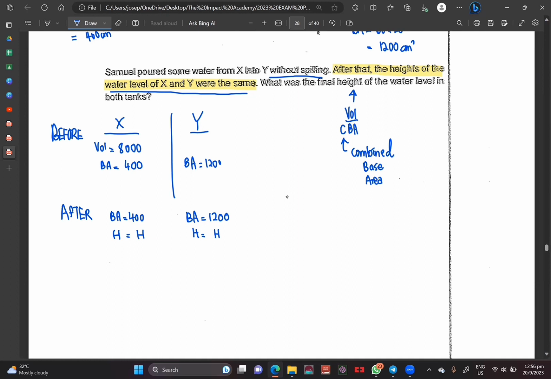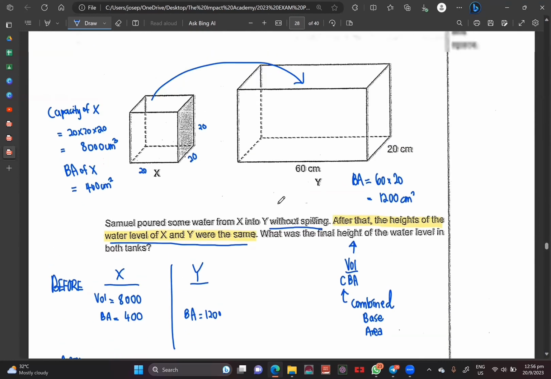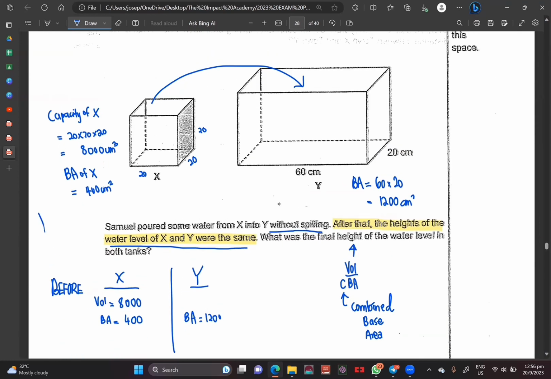Because of this, you know that the volume over here will then be 400 H, and the volume over here will also be 1,200 H. Why 1,200? Because 1,000 times H. Now, you remember just now, right? If you have watched the first part of this video, you will see that I mentioned something called internal transfer.